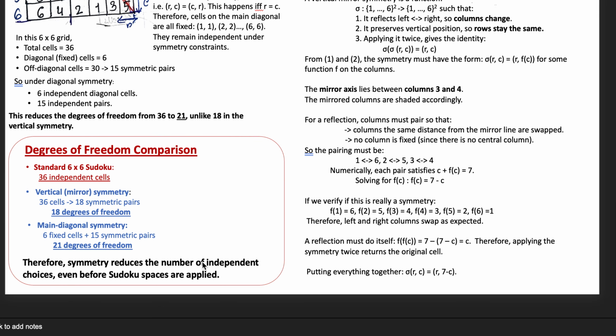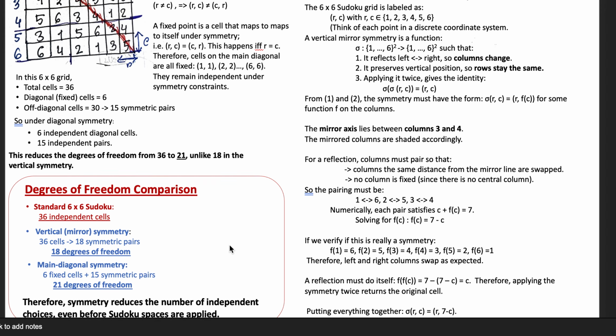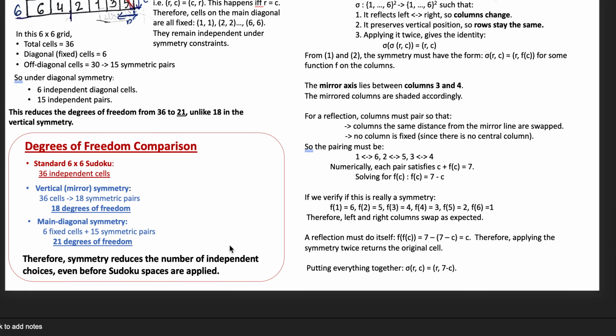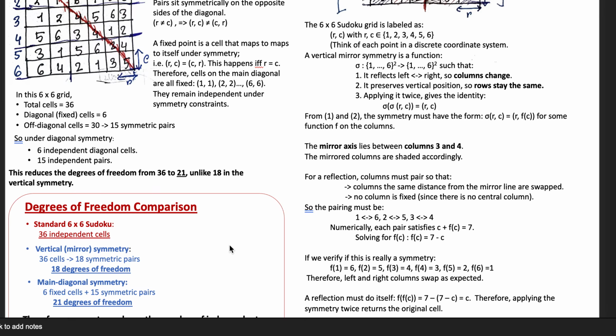So symmetry alone significantly reduces the number of independent choices, even before applying row, column or block constraints.